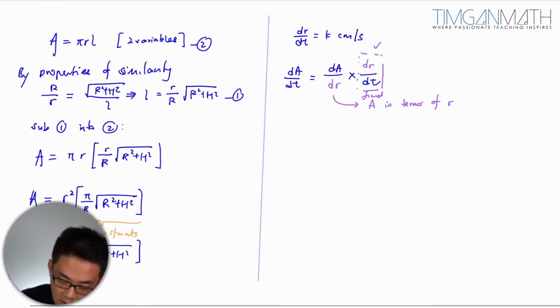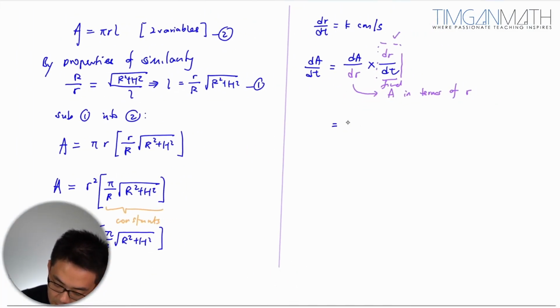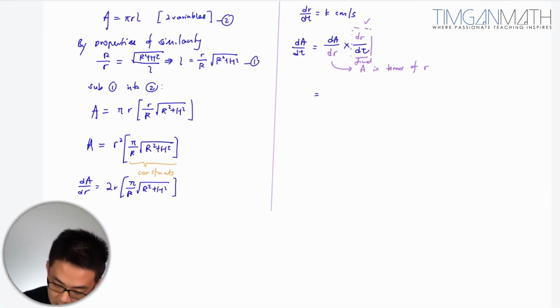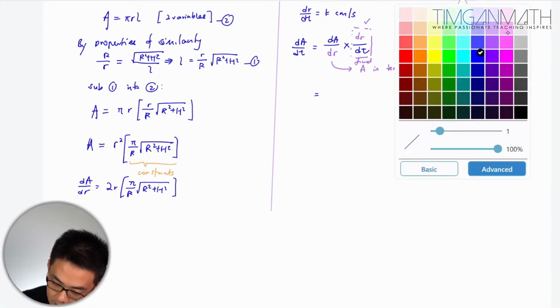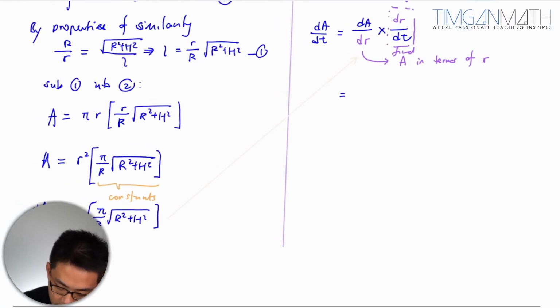Now dA/dr will just be 2r, so I'm going to sub this in. Substituting this in will be 2r pi over r squared plus h squared.